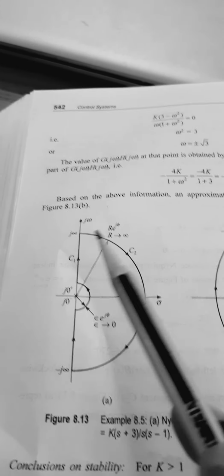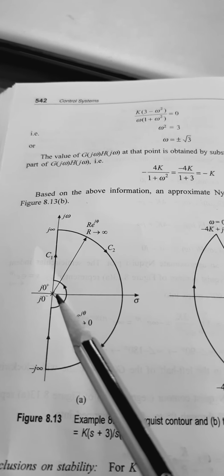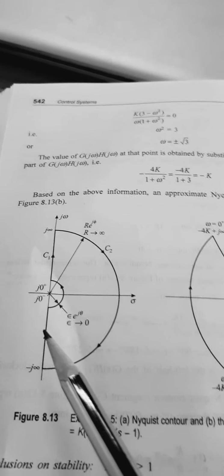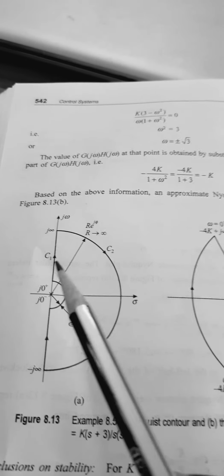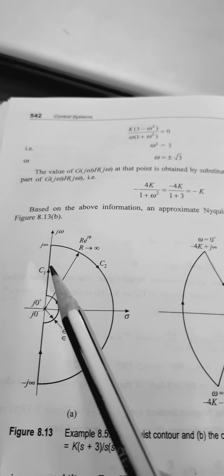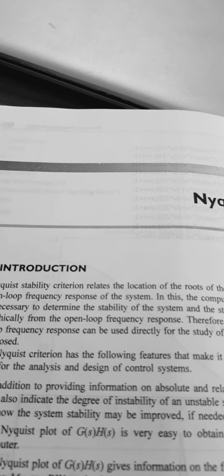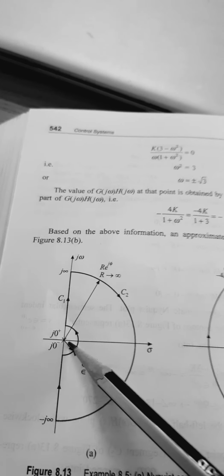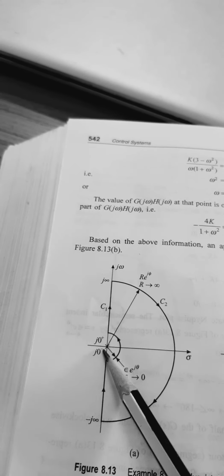This contour is almost common. If there is a pole at the origin, you should bypass. If there is a pole on the imaginary axis, that pole should be bypassed. That is nothing but a singular point. You should avoid the singular points. A pole is a singular point, that is why we are avoiding that.